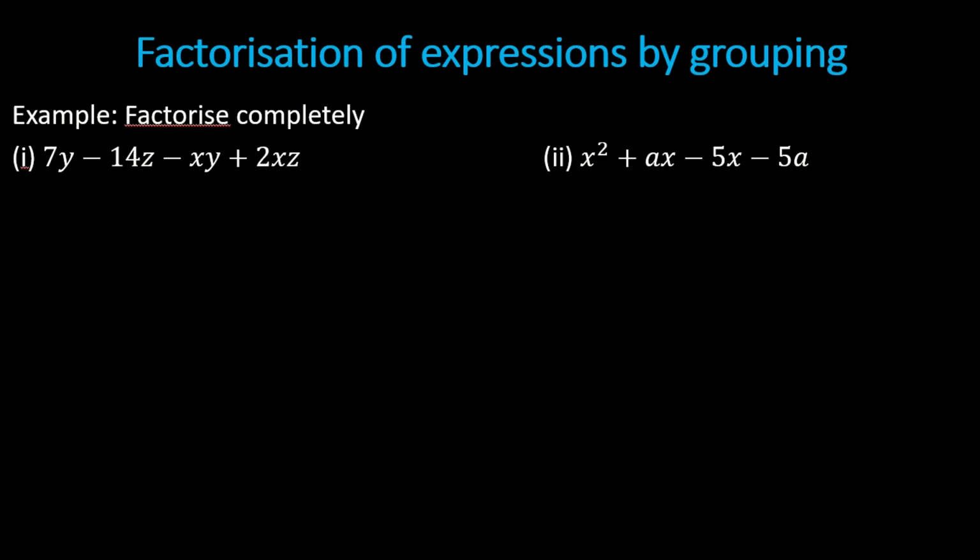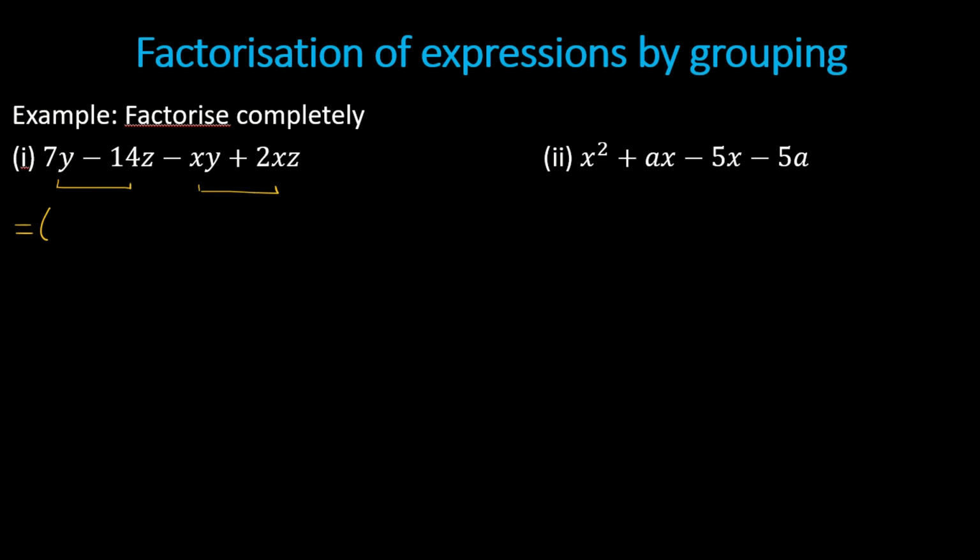Again the same question. It says factorize completely. First part, you have 7y minus 14z minus xy plus 2xz. What do we do the first step? We write two terms in expanded form.